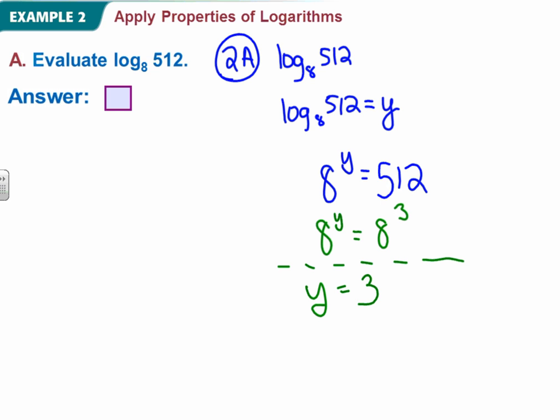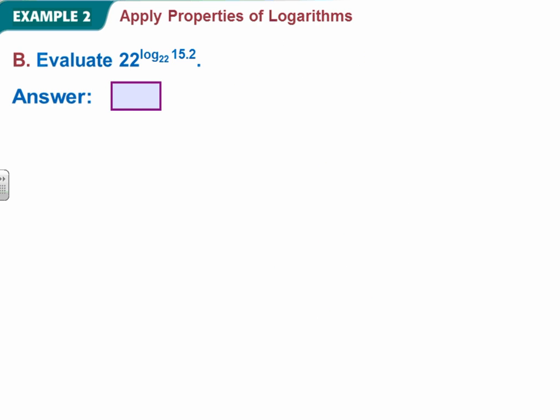Now, the next one, if you remember it, might seem like a trick to you. So if you remember it, I'll ask in a moment, but then we'll actually figure it out a little longhand. So 2b is 22 to the log base 22 of 15.2. So at first glance, it looks like a lot of things there.